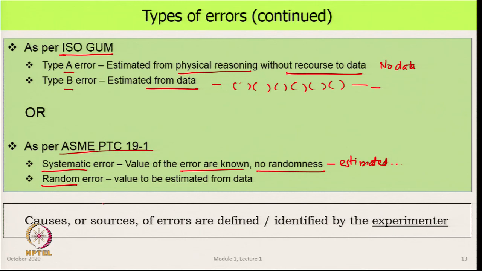Random error is caused by the fact that the value was changing randomly. We could not predict it, we could measure it, and from measuring it we did some calculations on it and predicted its value.